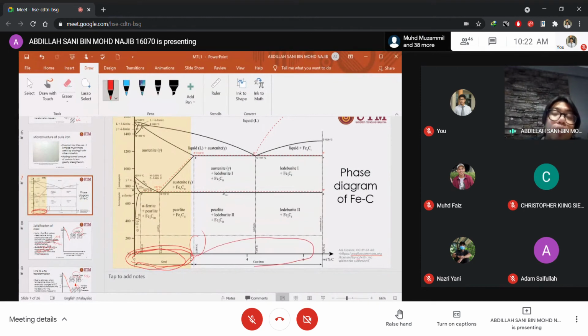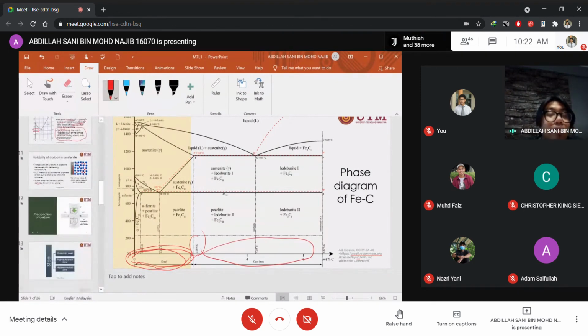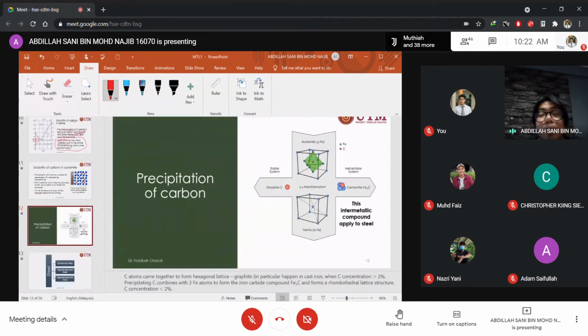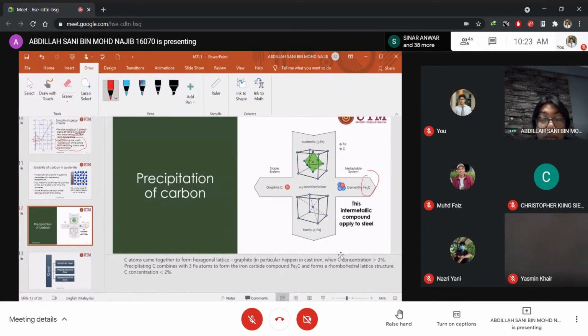When we talk about this amount of carbon, because it is so little, when it is squeezed out, it grabs some of the iron together, and they form Fe3C, the iron carbide compound.